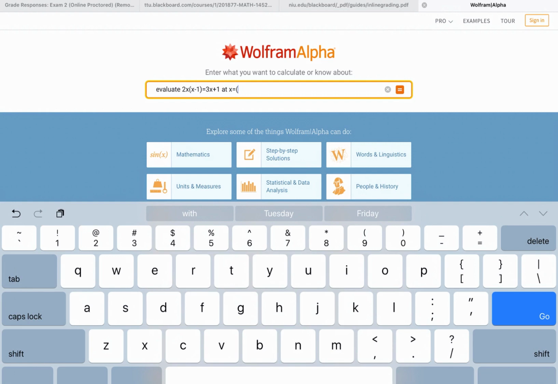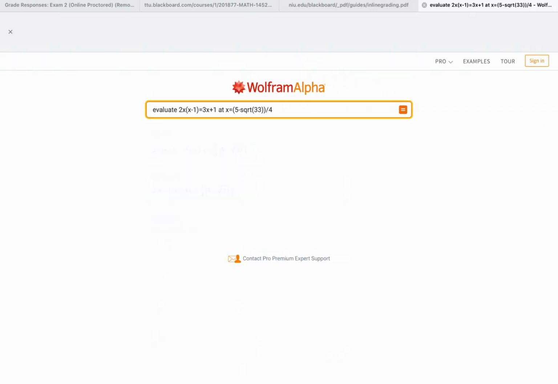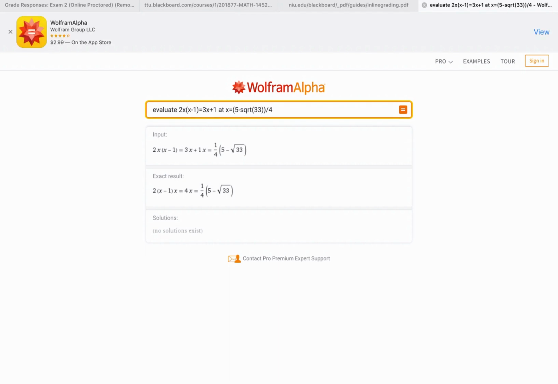And we want to evaluate it at 5 minus, and here's how you do square root, SQRT, parentheses, 33, close parentheses, close the numerator, divided by 4. And you hit go. And it says no solution exists.